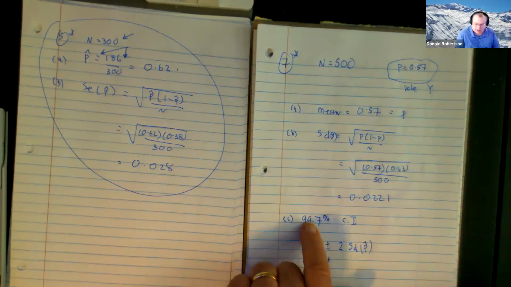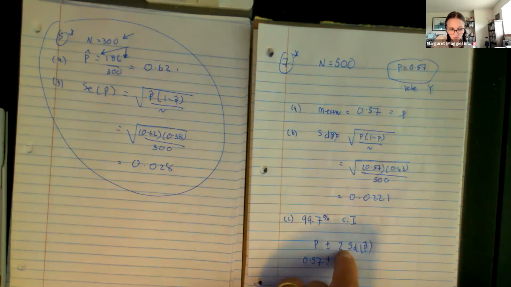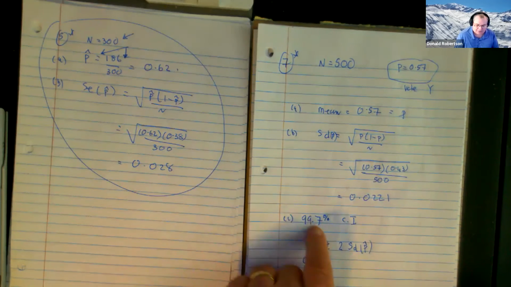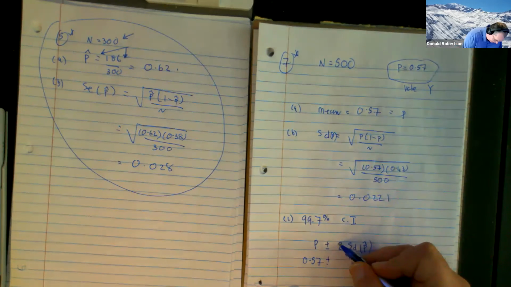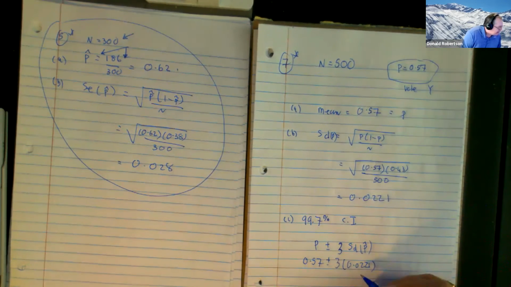Oh, I said 99.7. What should this number be if it's a 99.7 confidence interval? 3. It's not 2. What should this be when you want a 99.7? 3. Should be 3, yes. So 3 times that guy.